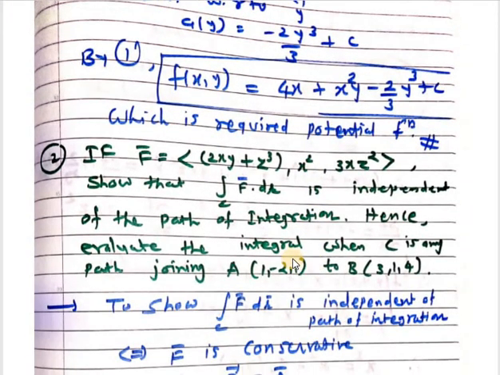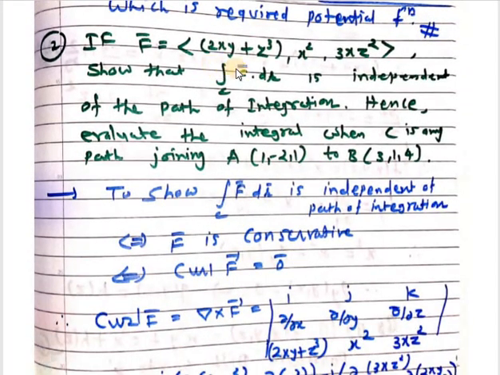The next question says that the line integral of F(r) dot dr is independent of the path of integration, and hence evaluate the integral along any curve C joining A to B. In a previous video we discussed path independence.